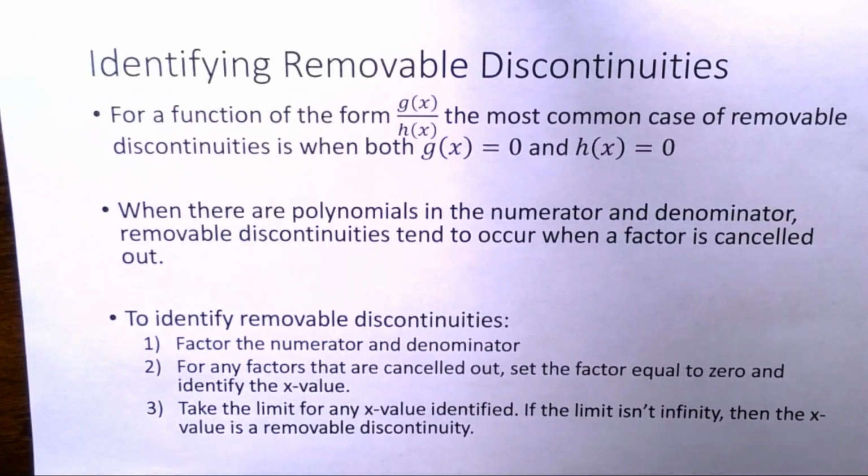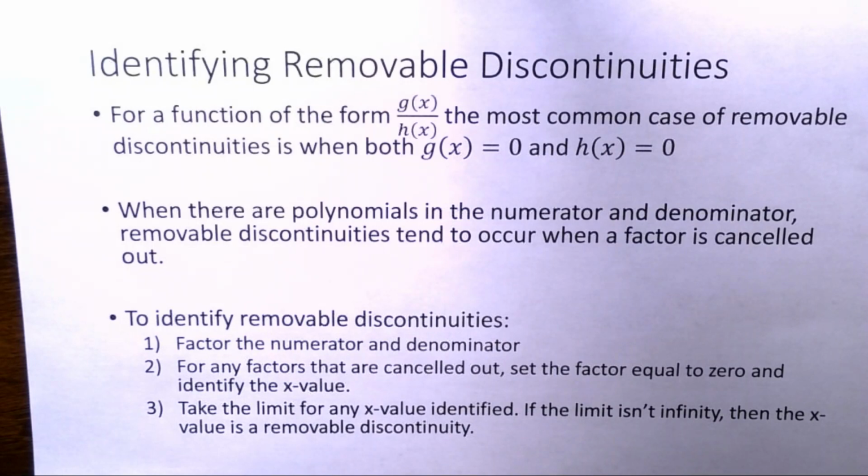Okay, the next item is removable discontinuities. So as a general rule, rational functions will have a removable discontinuity when both the numerator and denominator are 0. Although there is a key thing to that.